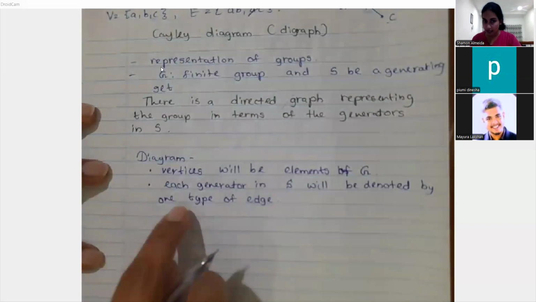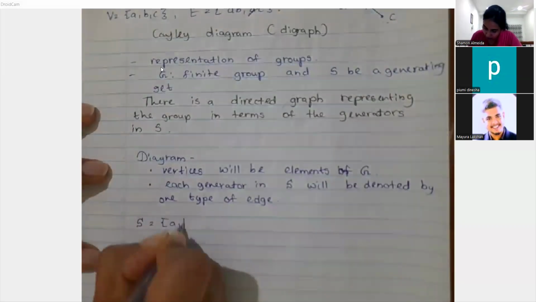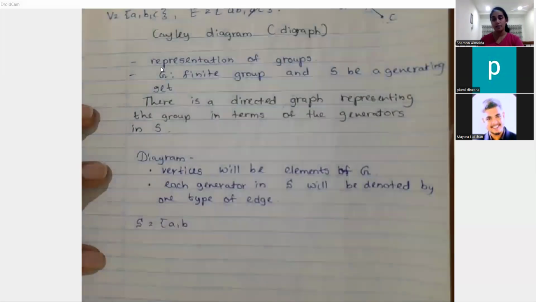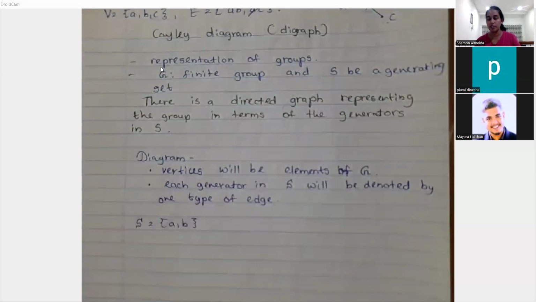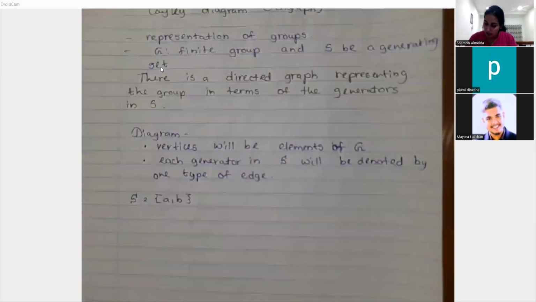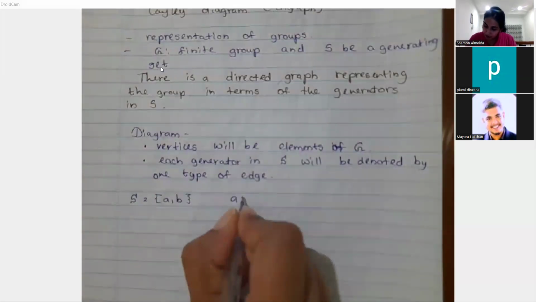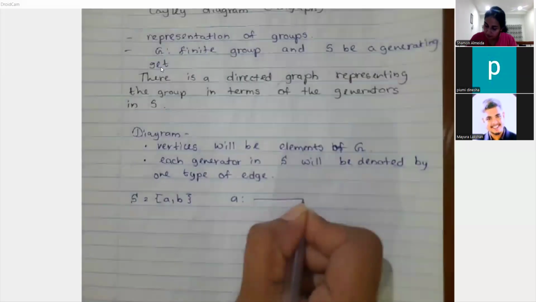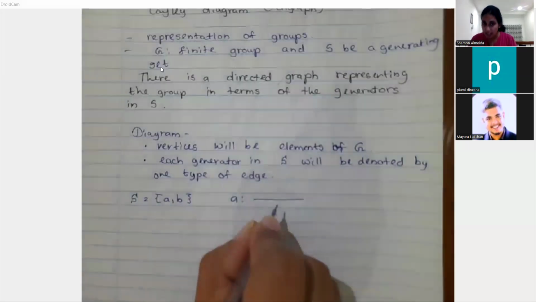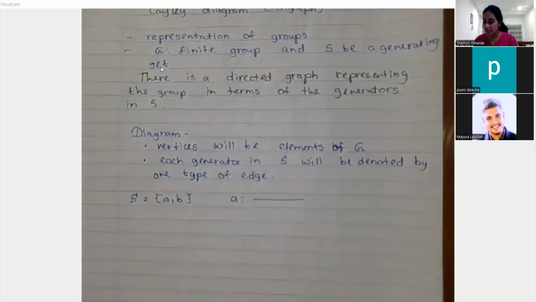For example, what does this mean? If we have S to be this generating set for some group G, suppose the generating set S contains the elements A and B. We will look at concrete examples, okay? In this case, I will represent this generator. This generator will correspond to this edge. Let's put it that way because these are also elements in G, right?